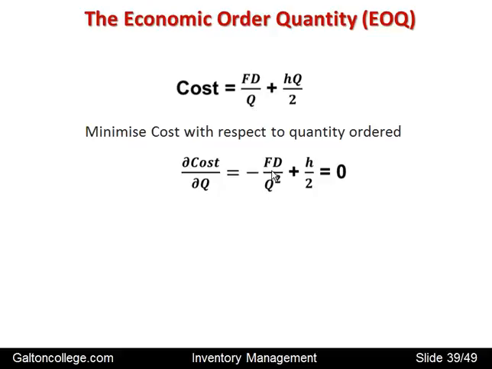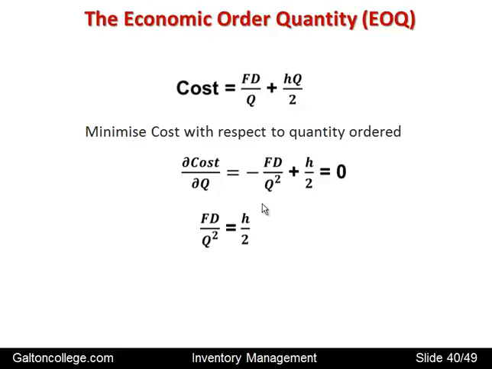When you differentiate, you get minus this, and we reduce the power by 1, so it's to the minus 2, plus H; differentiating that with respect to quantity, we just get H over 2. And in order to minimize it, we set it equal to 0. That's, again, another principle from calculus.